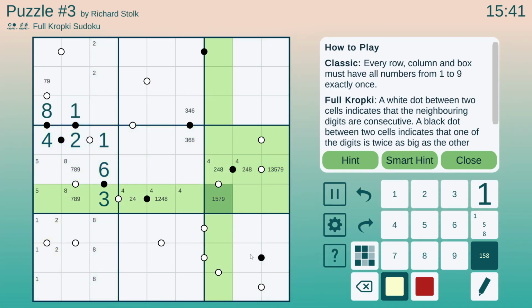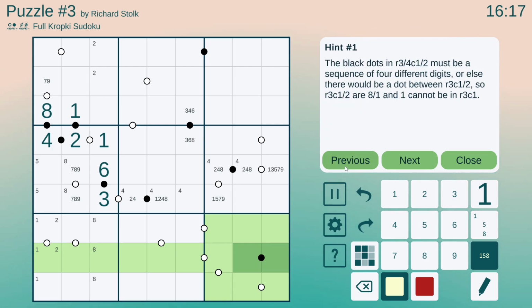I wish it was more limited. I mean, this domino seems important because look how many white dots there are. I feel like I'm just staring. I might look at another hint here.